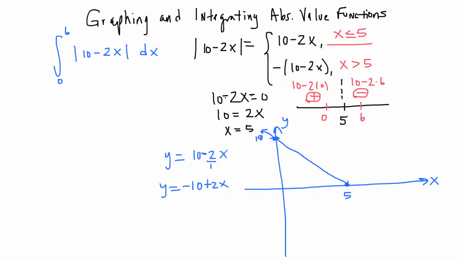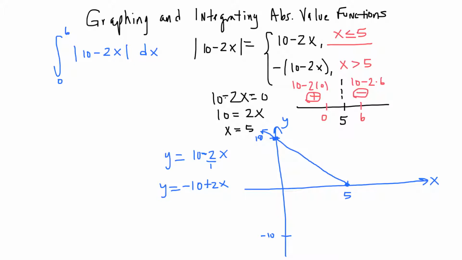And how do I graph negative 10 plus 2x? Well, negative 10 plus 2x, the y-intercept of that is negative 10, but it doesn't show up until after 5, and the slope is positive 2, so it'll be positive 2 over 1, positive 2 over 1, positive 2 over 1.